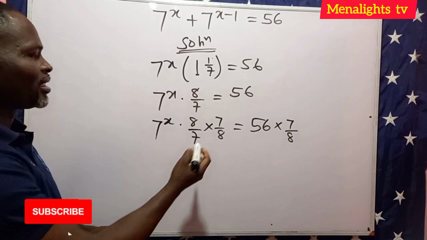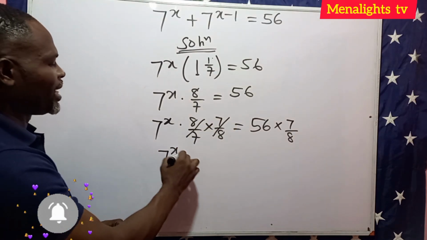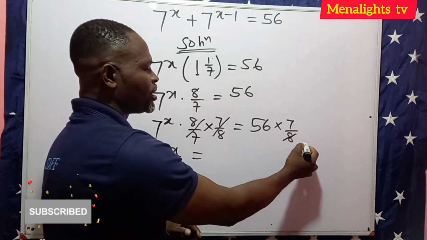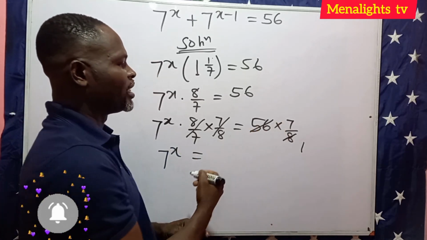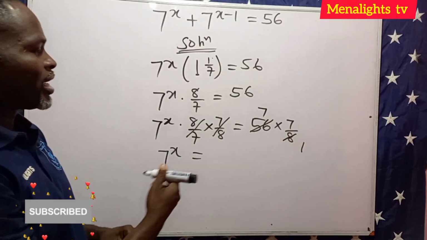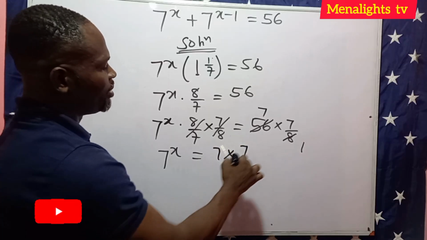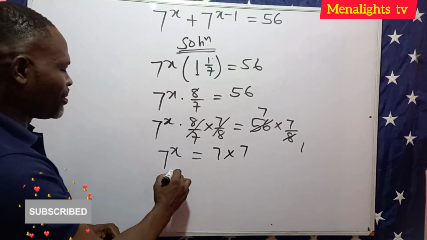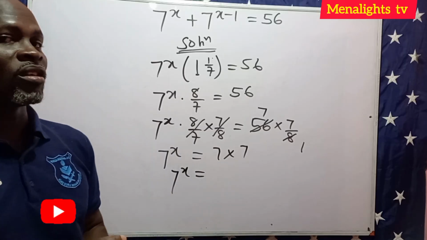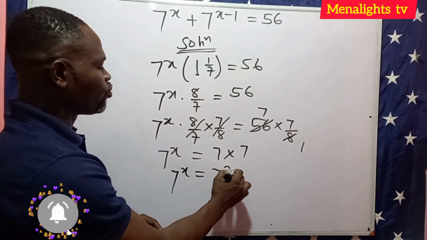Once we are done with that, this will cancel, and we are left with 7 exponent x, which is equal to, here the 8 will go into itself once and go into 56 7 times, so we have the 7 there. So we have 7 times 7 there. Here we have 7 exponent x, which is equal to 7 times 7, which will give us 49, which is the same as 7 squared.